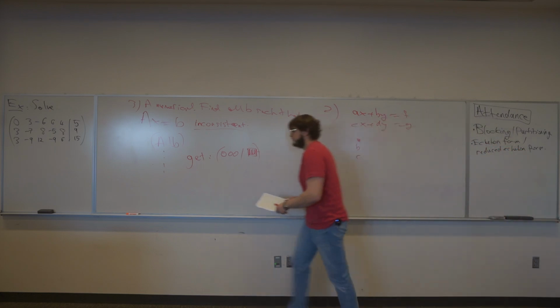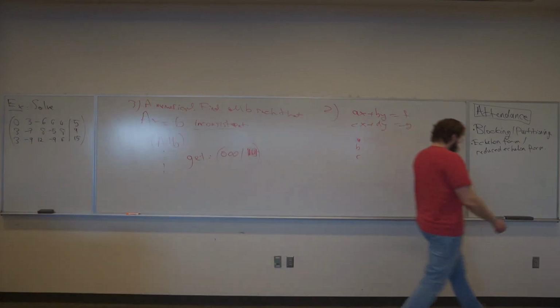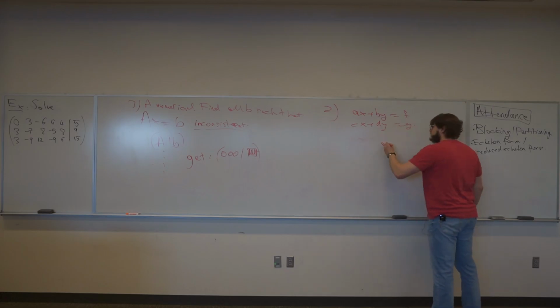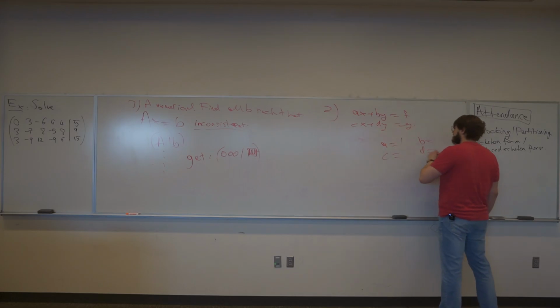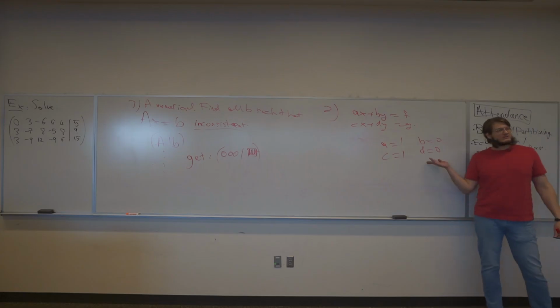Let's write it like this. 1, 0, 1, 0. For instance, this cannot happen. Does this make sense? Why can it not happen?